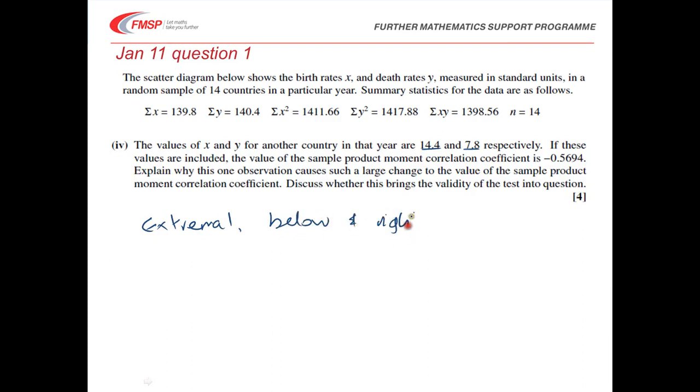So making observations first of all. You've got 2 marks now, by the way, because you've just described what's going on. And it questions the validity. So validity is reduced since the point is extremal.